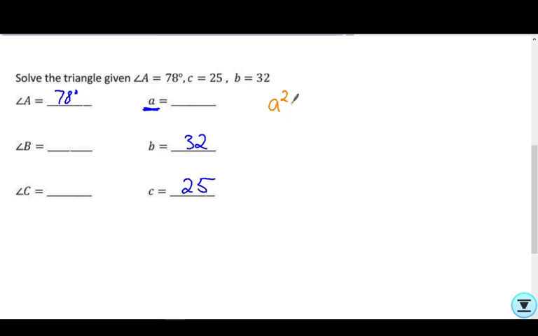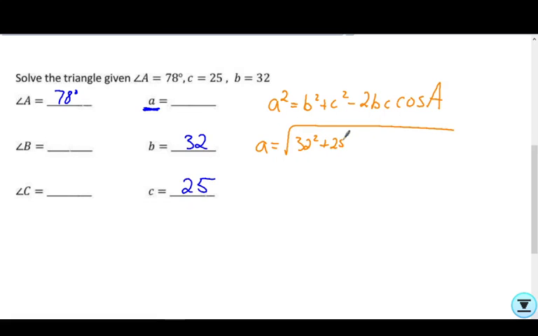So my equation is A squared equals B squared plus C squared minus 2BC cosine of angle A. That means A equals the square root of 32 squared plus 25 squared minus 2 times 32 times 25 times the cosine of 78 degrees.